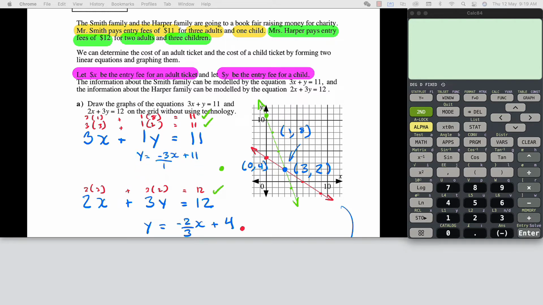Okay, so x was 0, so 2 times 0 plus 3 times the y, which is 4, does that equal 12? Well, 2 times 0 is 0, 3 times 4 is 12, and 12 equals 12, so it's right. So any one of those points will produce a true answer to that equation, but it's, again, only this one point right here where the two lines are intersecting that is important.